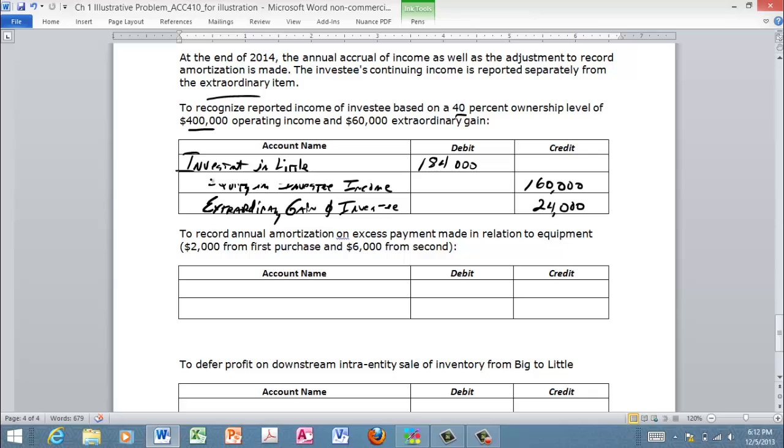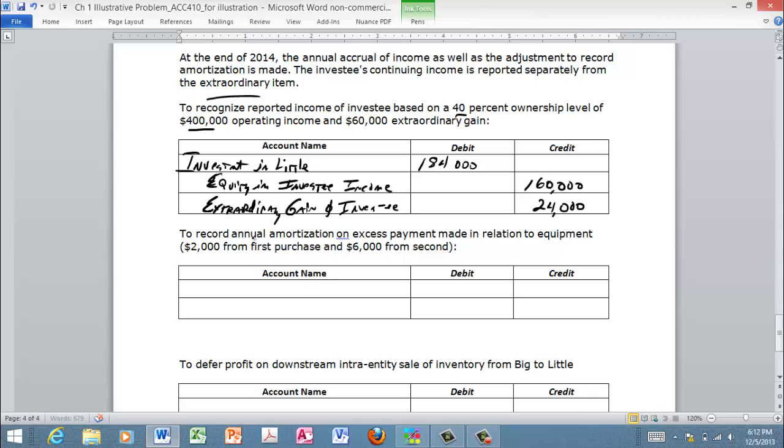I apologize, we lost our writing there. It came back. So both of these accounts are P&L accounts. They're going to show up on Big's income statement, but I have to bifurcate them between the extraordinary piece and the piece from continuing operations.